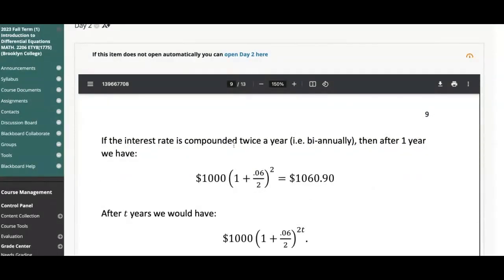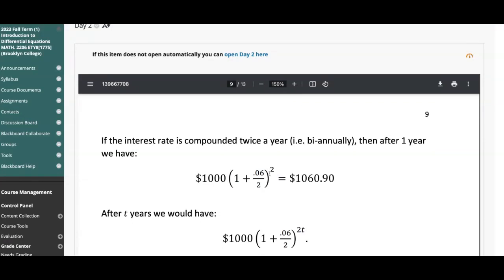If the interest is compounded twice a year, then after 1 year we have this. Remember the formula? With 0.06 divided by 2, this is the principal part, increased by the interest.